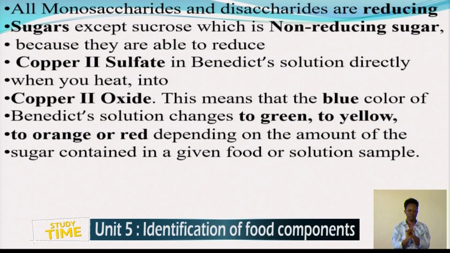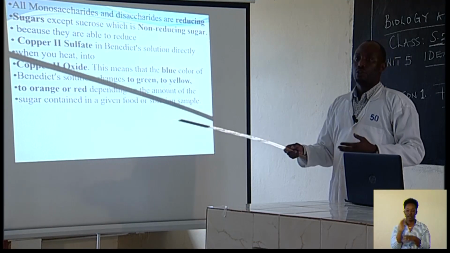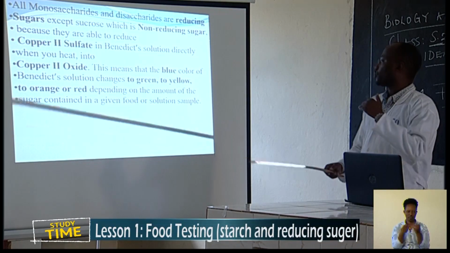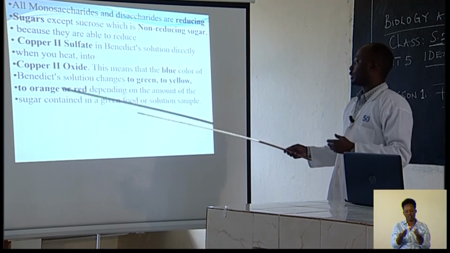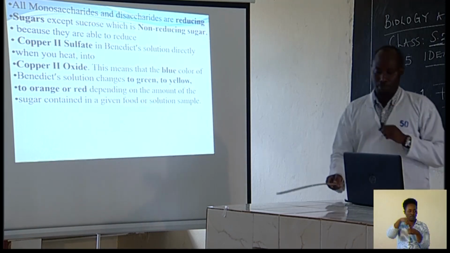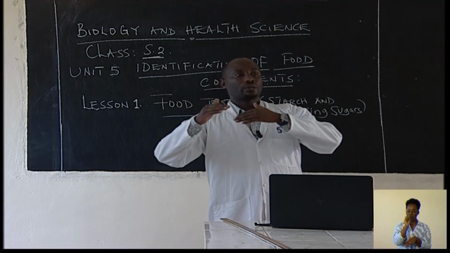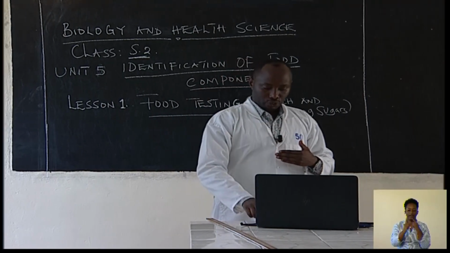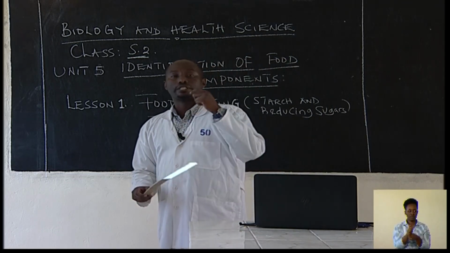So the color change from blue to green, to yellow, to orange or red also depends on the amount of glucose present in the food sample. When the amount of glucose or sugar is very high, that makes the change from one color to another. Good.